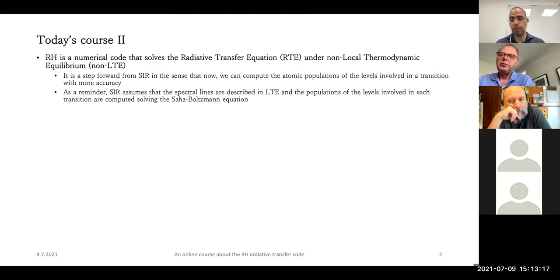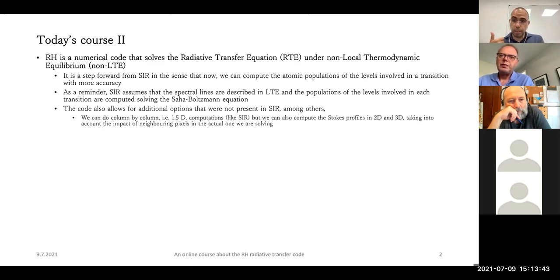But today, just think of it as a step forward, because some of the transitions that are very interesting for us, for solar physicists, need to be treated using non-LTE. The code RH also adds additional options that SER cannot offer.